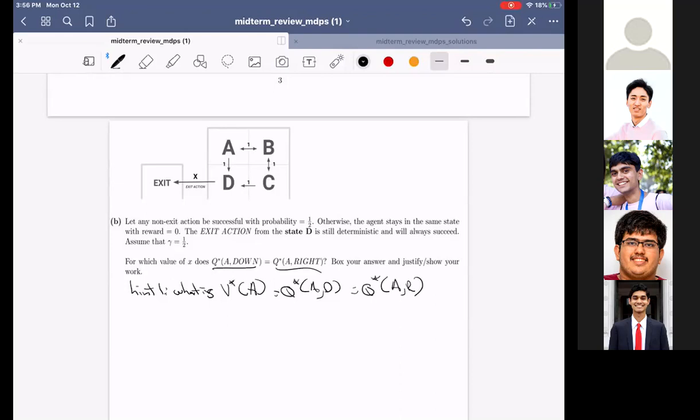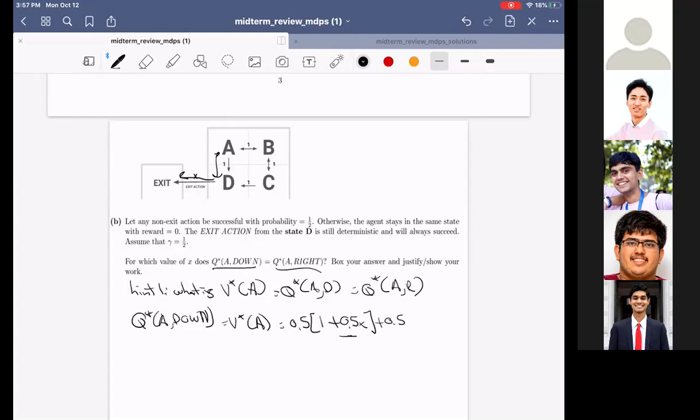So let's compute Q star of A comma down, which is also equal to V star of A. So we'll say that from A, there's a 0.5 probability of you successfully going down, right? So there's a 0.5 probability of you getting the reward 1, and then you exiting from D, because exiting is deterministic, and that's the best action to do from there. And remember, that's discounted. The other option, which also happens with 0.5 probability, is you just stay in A. And this is where we can use the property where the optimal value of A is the same as these Q values.